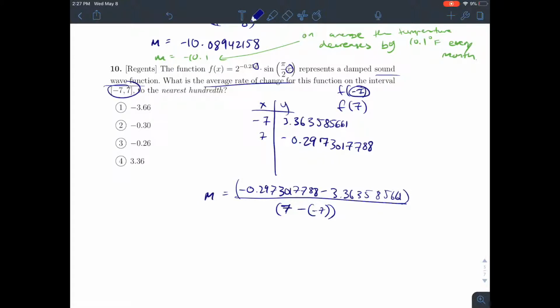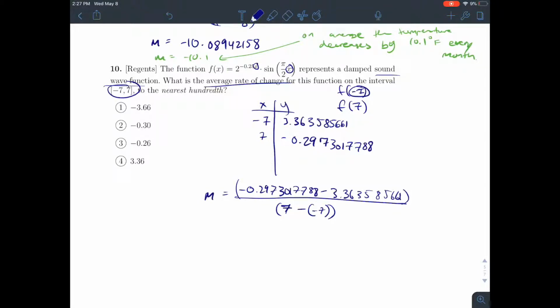So, oh wow, okay, so let's type this all in again. Last calculation of the problem set here, negative 0.2973017788 minus 3.3635856661. I hope I'm pressing the right buttons here. Divided by 7 minus negative 7.